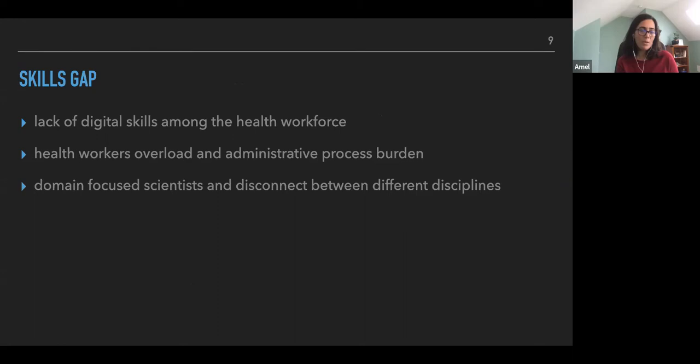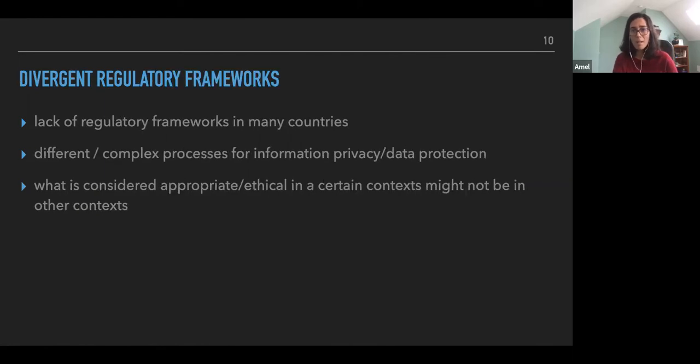And we also notice that there are a number of very focused scientists and also a quite big disconnect between the different disciplines. And there are obviously a lot of capacity building programs that are helping overcome this, but the gap is still existing.